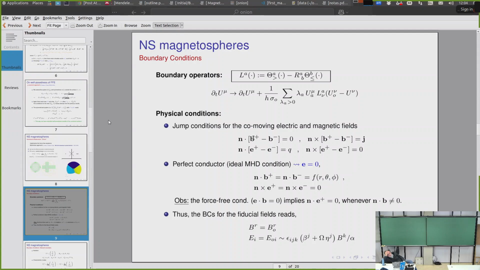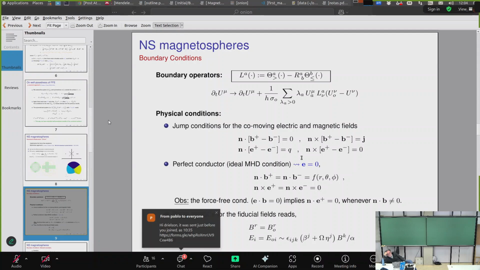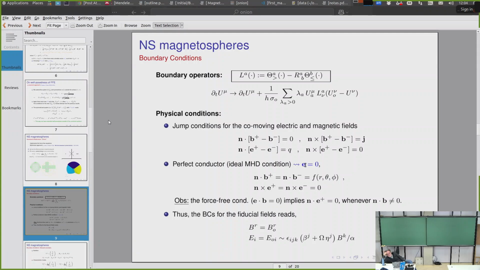Plus represents the exterior, the fields in our numerical domain, and minus represents the ones in the perfectly conducting crust of the neutron star. Since it's a perfect conductor, E minus should be 0. The co-moving electric field should be 0 inside the conductor.